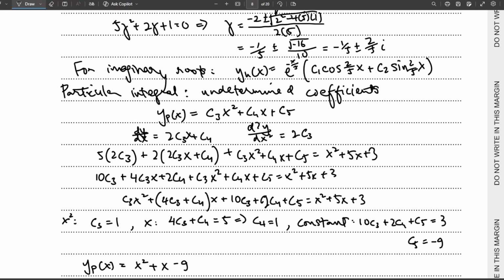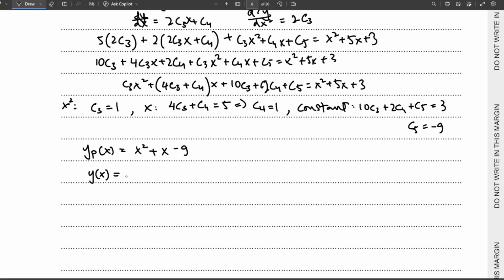So you just add them together. So where was it? This one, YH, e to the negative x over 5, C1 cosine 2 over 5 x plus C2 sine 2 over 5 x. And we add the particular integral x squared plus x minus 9.